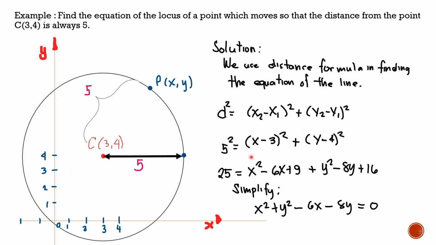Now, simplifying, we've got 25 is equal to the square of the first, x squared, minus twice the product of the square roots, negative 6x, plus square of the last, positive 9, plus square of the first, y squared, minus twice the product of the square roots, negative 8y, plus 16. And simplifying values, we obtain x squared plus y squared minus 6x minus 8y is equal to 0.